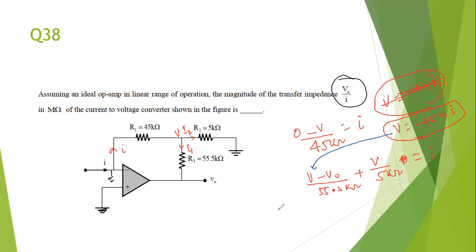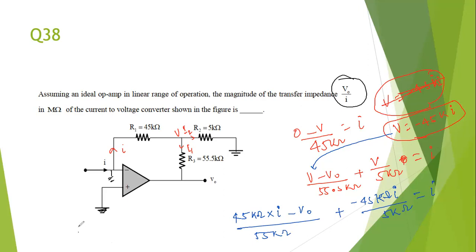After replacing, this is (45 kilo ohm times I minus V naught) divided by 55 kilo ohm plus (minus 45 kilo ohm times I) divided by 5 kilo ohm, equal to I.